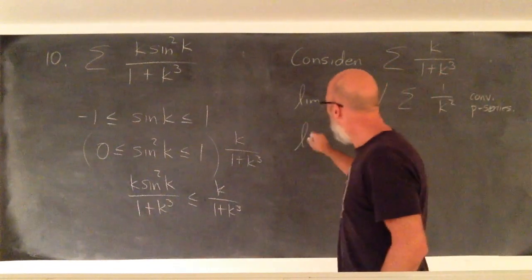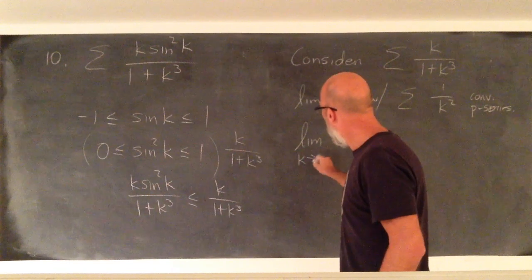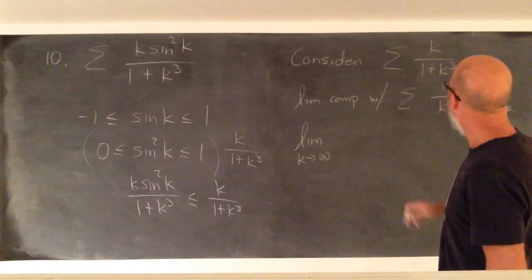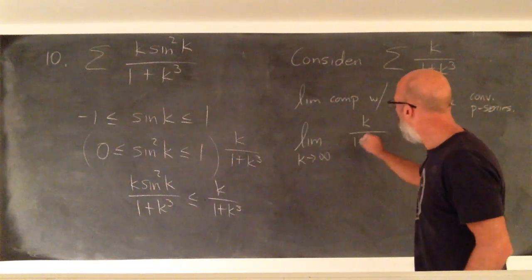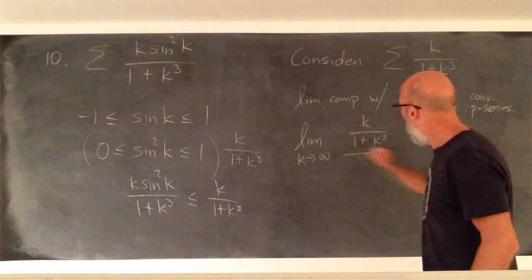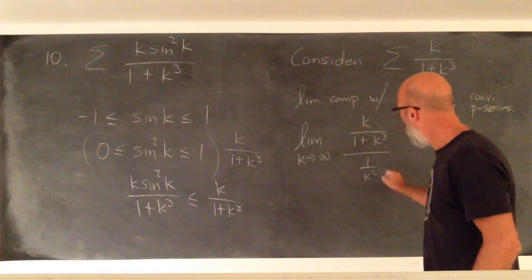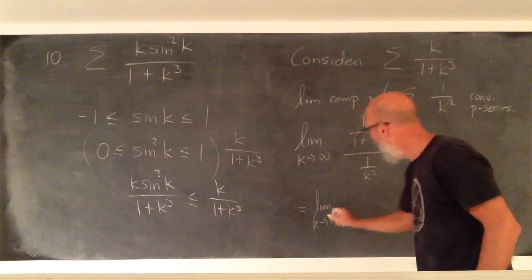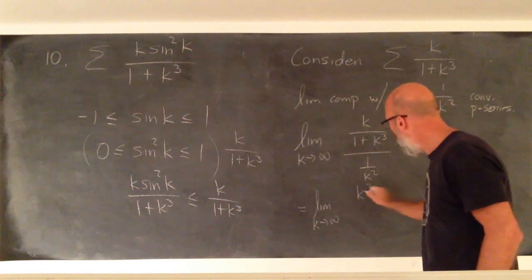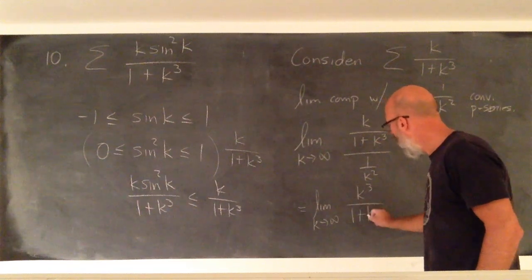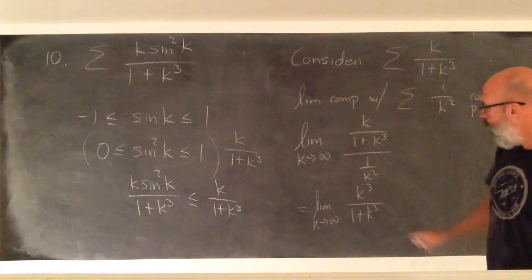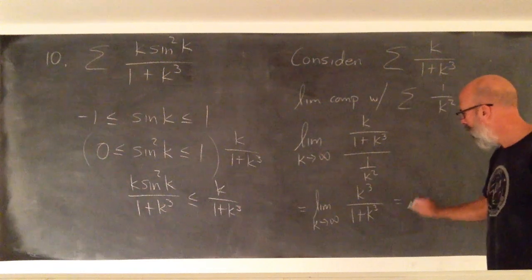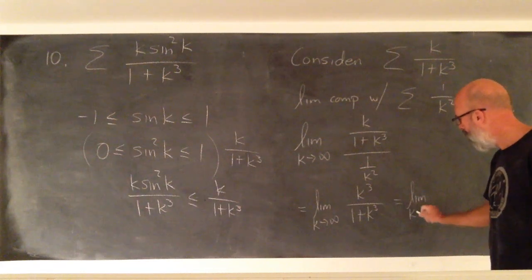And if you do a limit comparison, 1 divided by the other, this is easily seen to be k cubed over 1 plus k cubed, which has the form infinity over infinity if you do L'Hopital's rule.